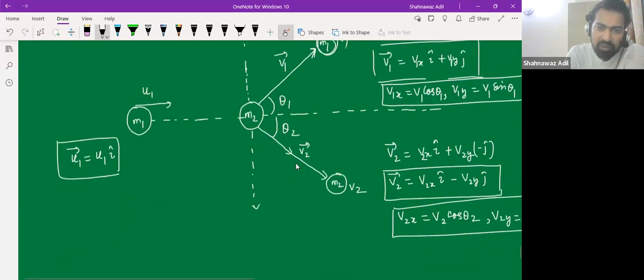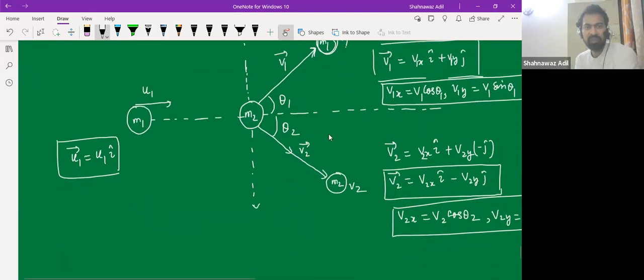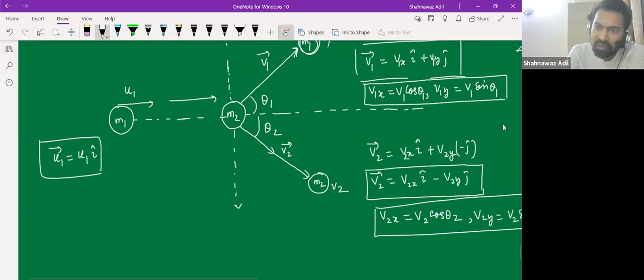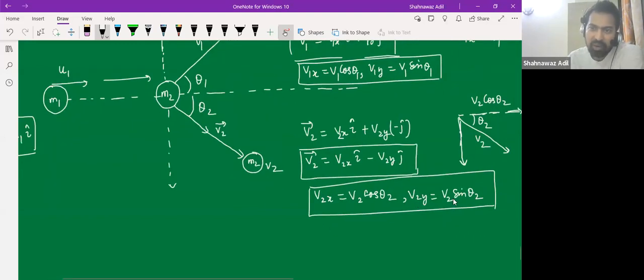Similarly, we have v2, which is not in the same direction as u1, so this is in two dimensions. We have two components, an x component and a y component, which means the x component is v2 cos theta 2 and the y component is v2 sin theta 2. So clear up to this point or any confusion, guys?